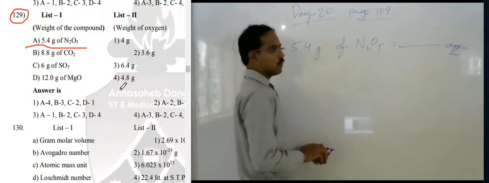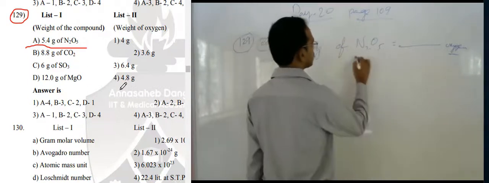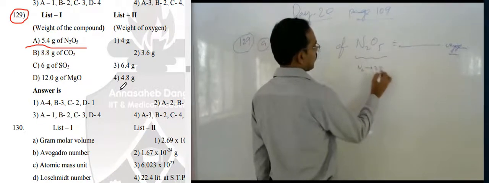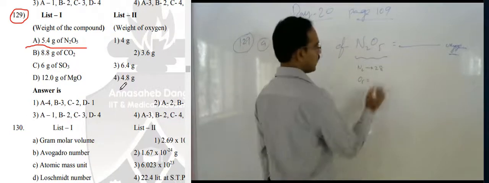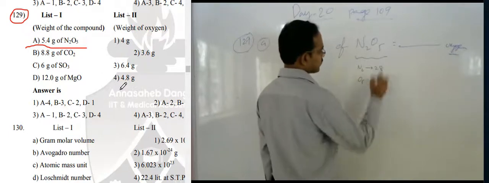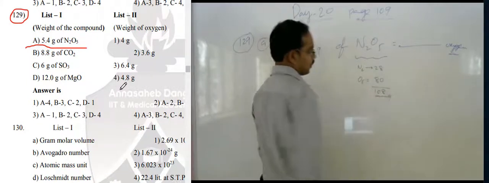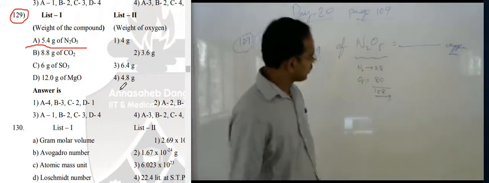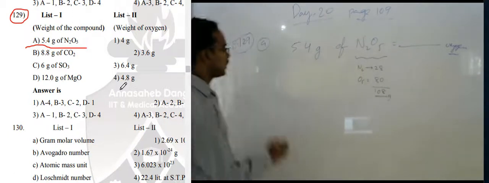First of all, you calculate N2O5. What is the molecular mass? N2 equal 28. O5, 16 5s are 80. The total is 108.